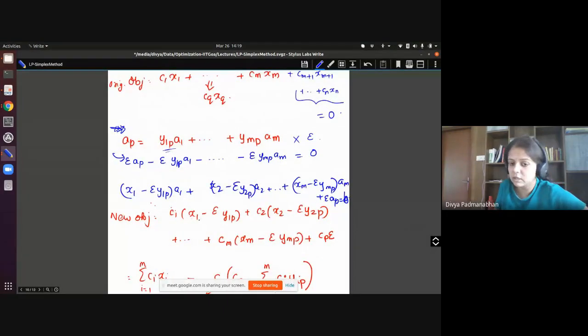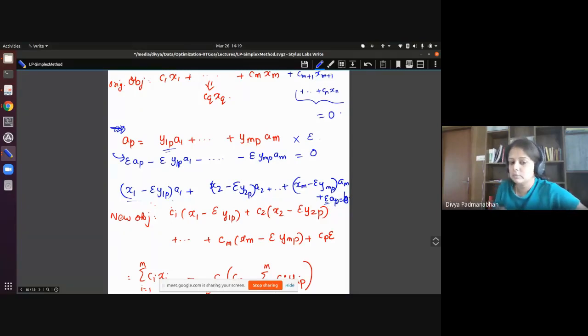Now this can be viewed as the new point: x1 minus epsilon y1p, x2 minus epsilon y2p, and so on, xm minus epsilon ymp, and additionally for xp, the value was 0 originally, but now you're going to set it to some epsilon.